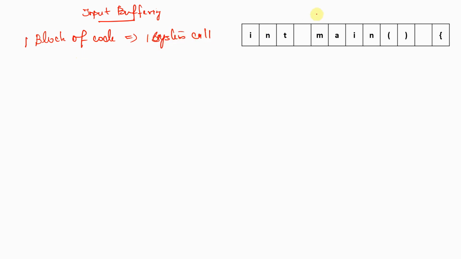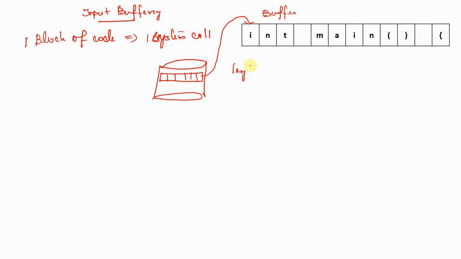We have the secondary memory holding a block of code, and this block of code is just read and kept in the buffer. So the length of the buffer is equal to the length of the block in the memory.